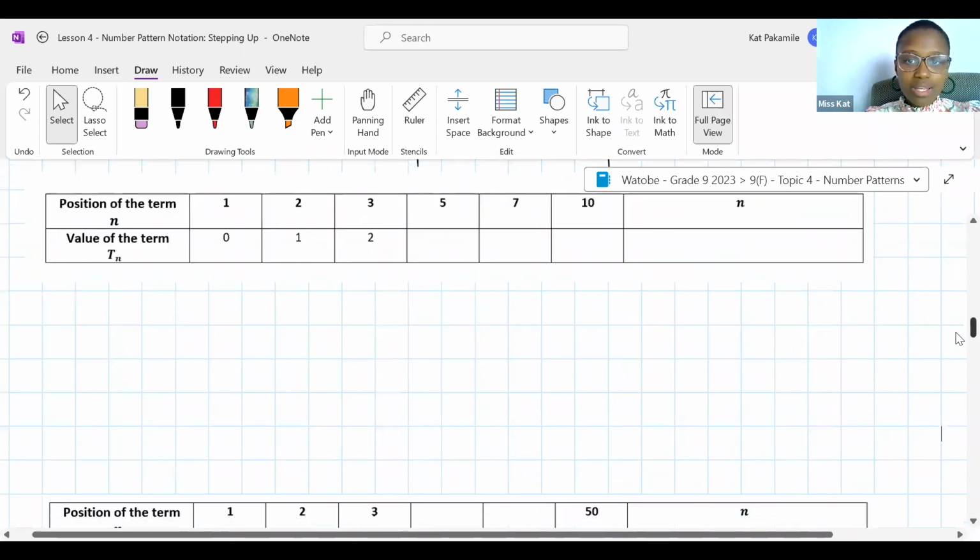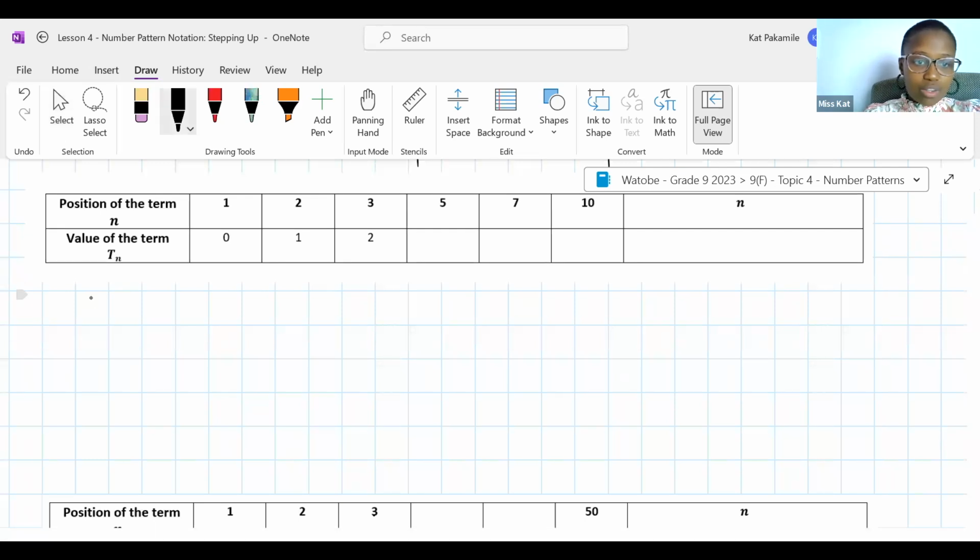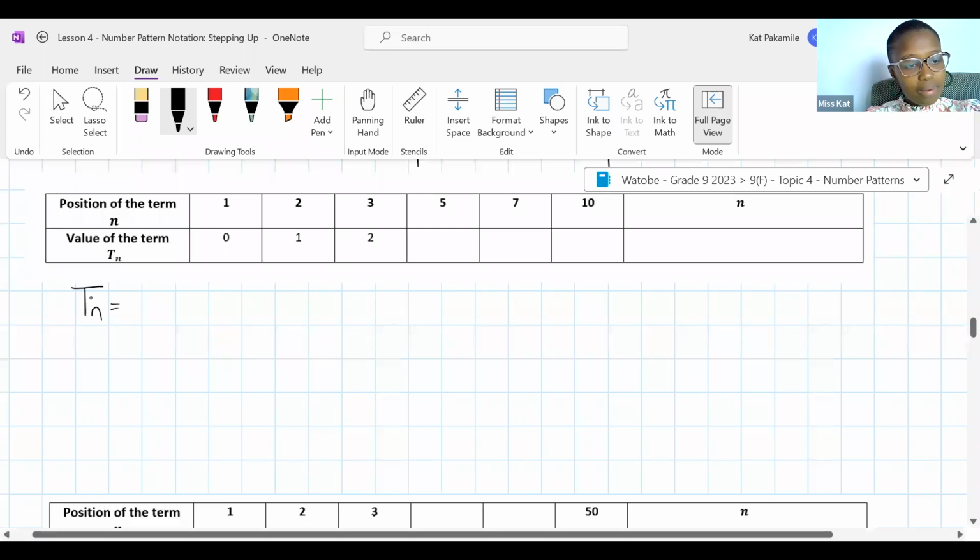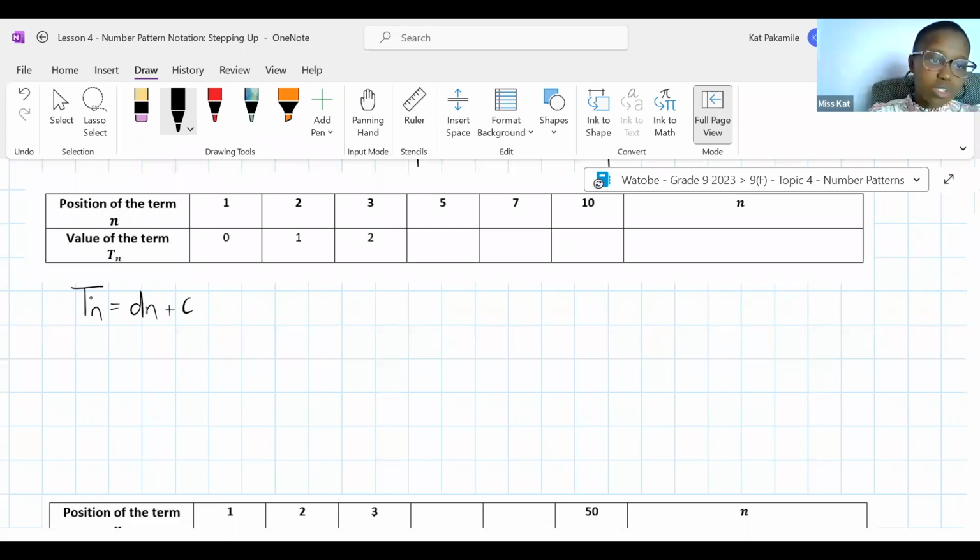Beautiful. Okay, let me write down our general formula. You must tell me the general formula. Tn equals Dn plus C. Beautiful. Where do we start? With the second term, please, ma'am.